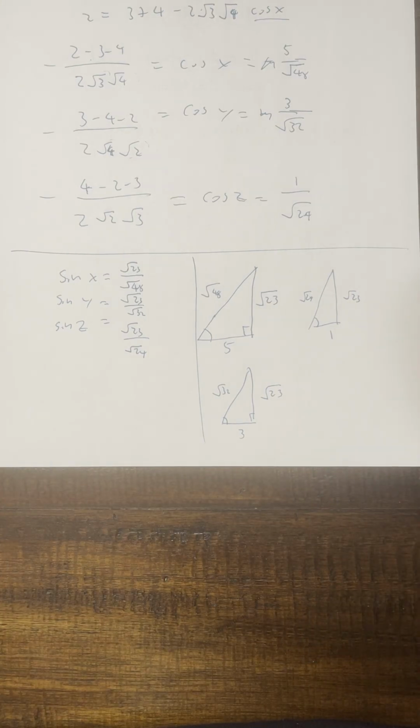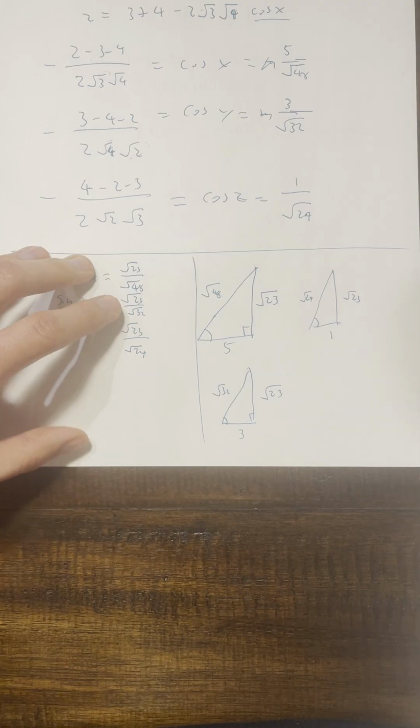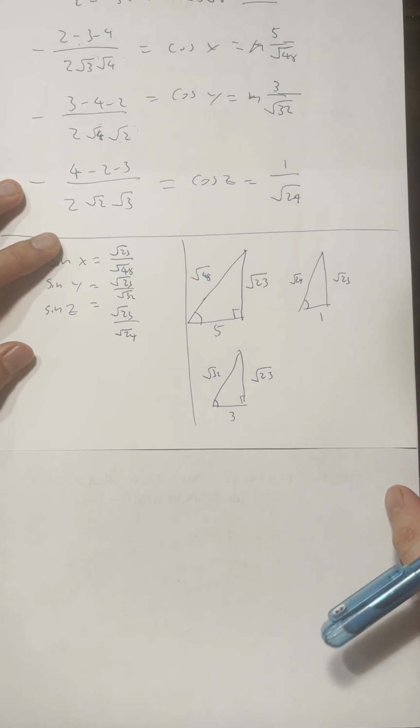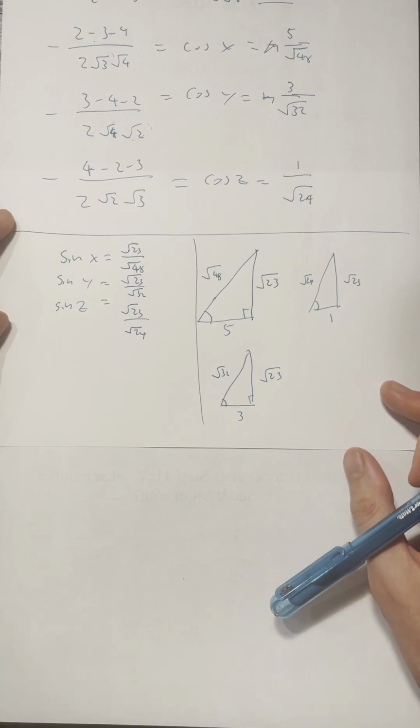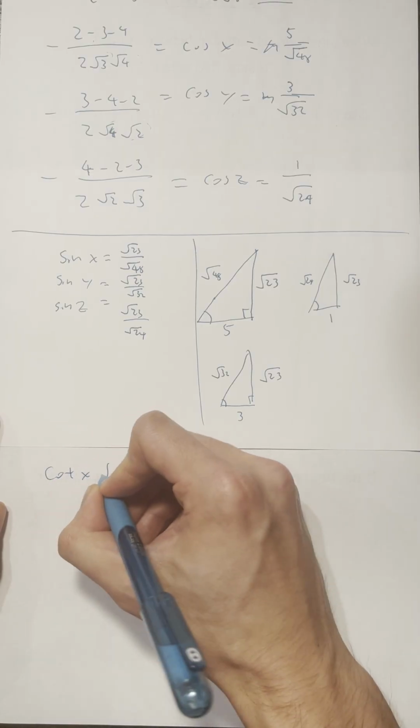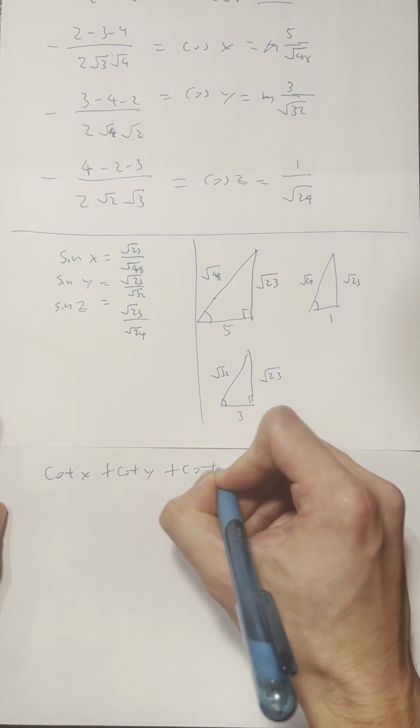Okay, I'm going to get another sheet. Okay, so that means, what's cotangent x plus cotangent y plus cotangent z?